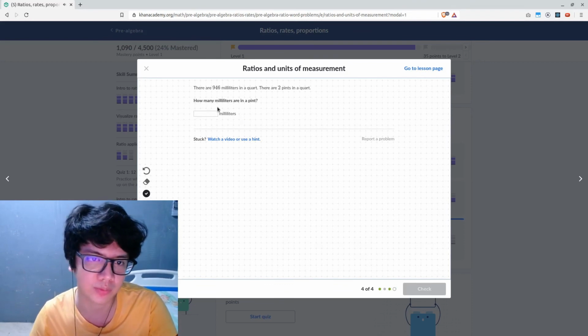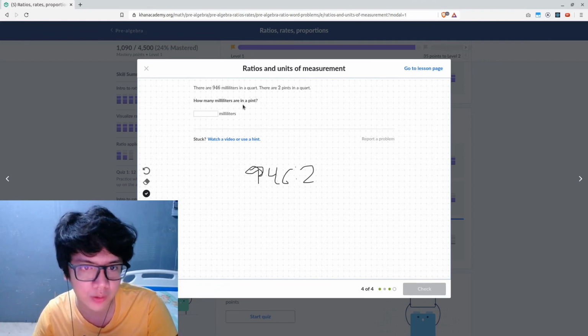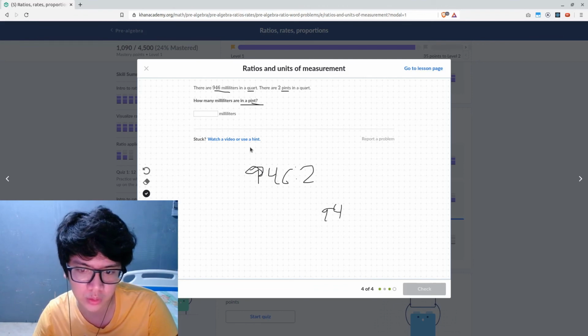There are 946 milliliters in a quart. There are 2 pints in a quart. Okay, so I guess this is 3, 4, 6, 2, 2. How many milliliters are in a pint? Oh, there are 2 pints. Okay, so we're just gonna divide this. 2, 4, 6.